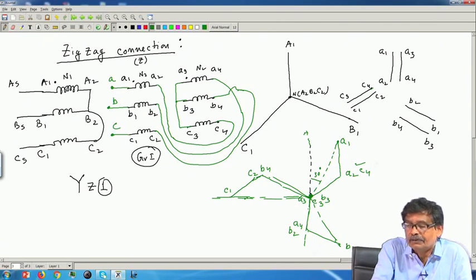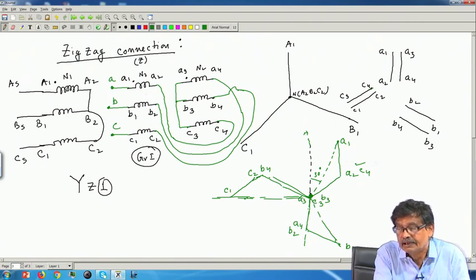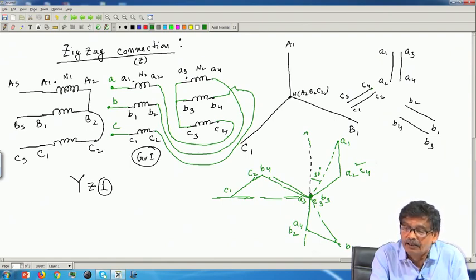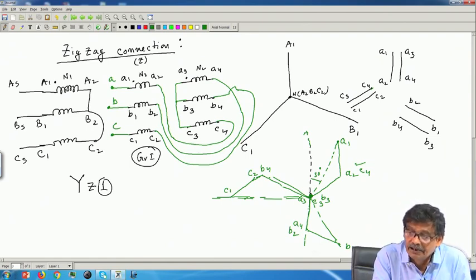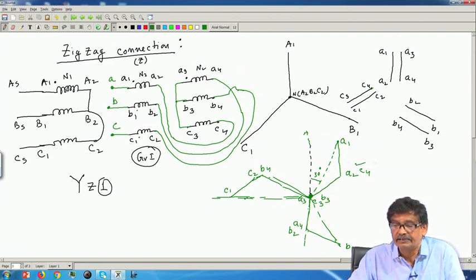Rule is you take one coil here, I specify the rule belonging to one phase, A phase, then you see this coil is in series with C phase coil belonging to other phase, B phase coil in series with A phase coil, and mind you these are the dots, and C phase coil is connected to B phase, and you get this connection.